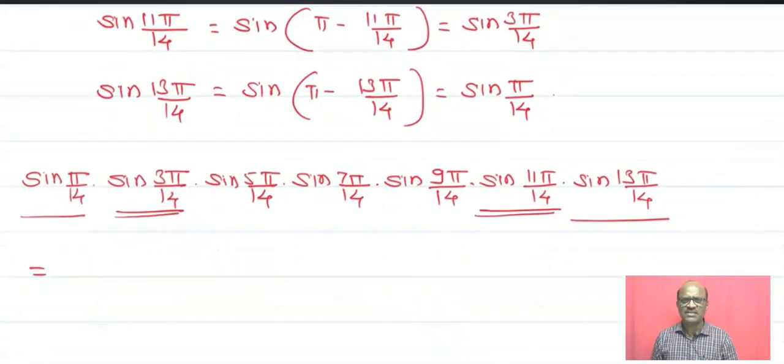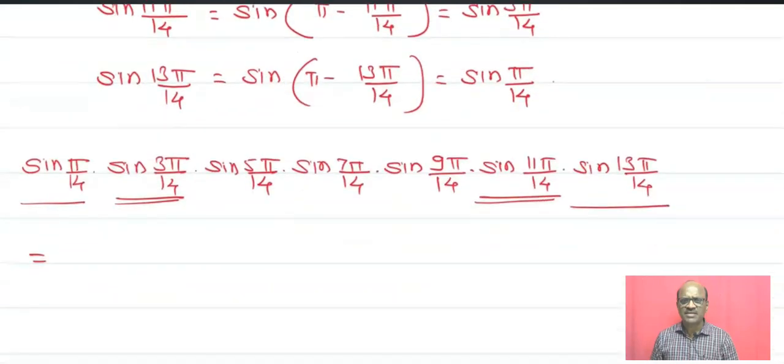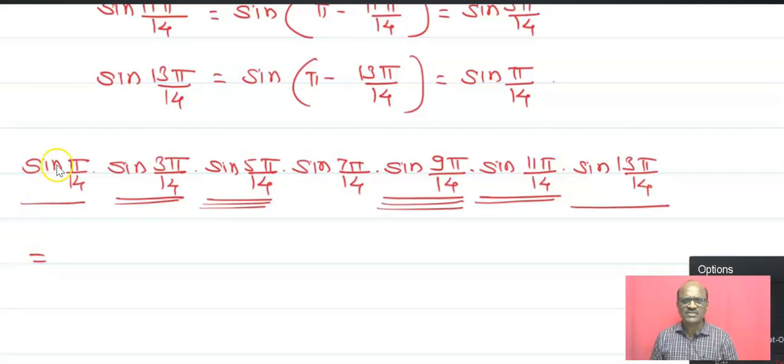Now see this here. I am taking the similar sign for these two terms. The value of sine of pi by 14 and sine of 13 pi by 14 are equal. Sine of 3 pi by 14 and sine of 11 pi by 14 are again equal. And these two terms are also equal.